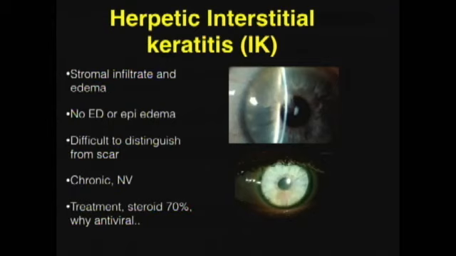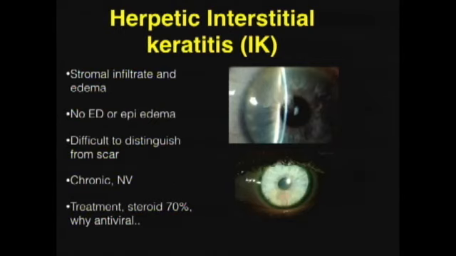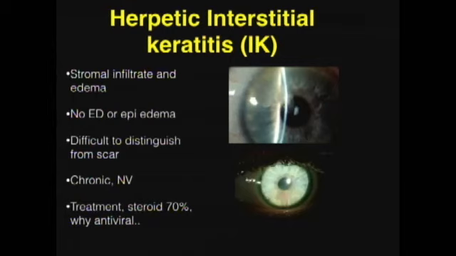Usually with the stromal keratitis or interstitial keratitis, you will have an active stromal disease. Do you think we will have an epithelial defect with IK? Excellent, because it's a stromal disease and it's mainly an immune reaction. So because of the inflammation, you will get some stromal edema and infiltrate.